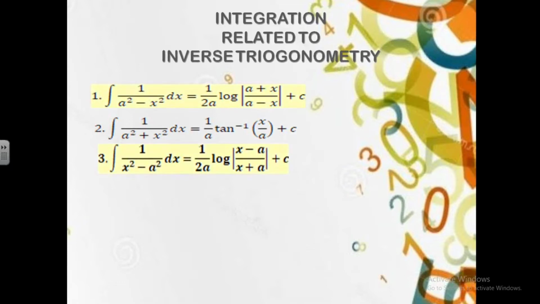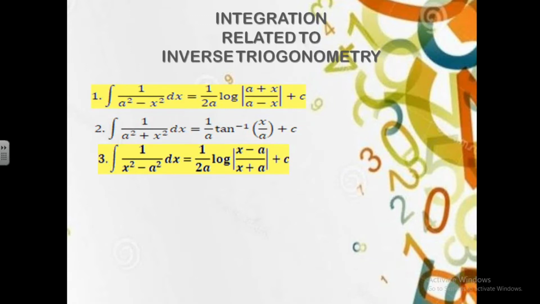Now here we observe that in the first and third formulas there is a slight difference in the denominators. By observing the denominators, the terms are interchanged here. When the first one starts with the constant a square, then on its RHS in the logarithmic term the numerator is a positive value and the denominator is a negative value, and it starts with a constant term a.